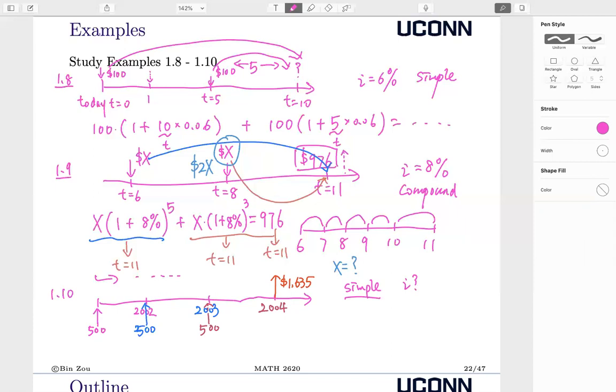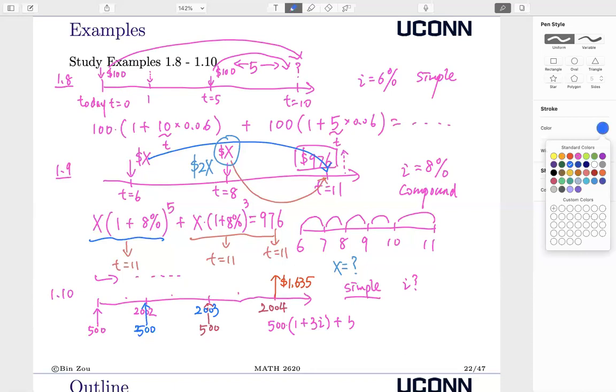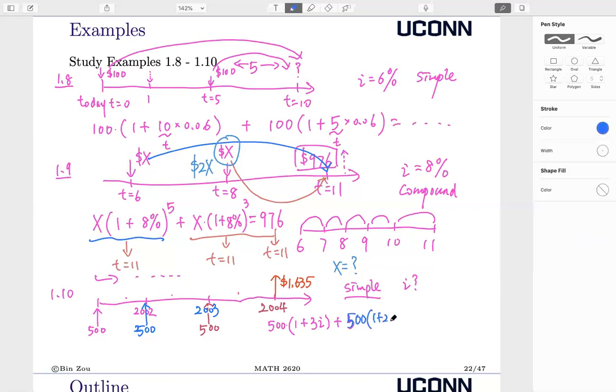So let's do the calculation. My first 500, how many years? We can count 1, 2, 3, so 3 years. So 1 plus 3i. My next one is blue. My second one, 1 plus 2i.